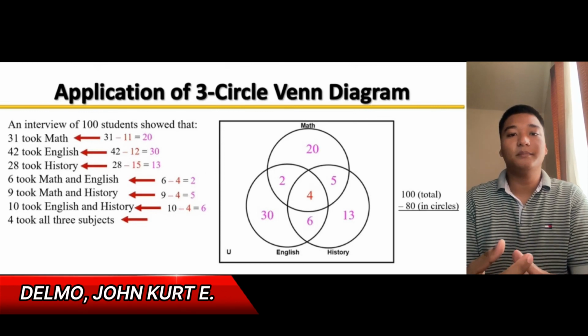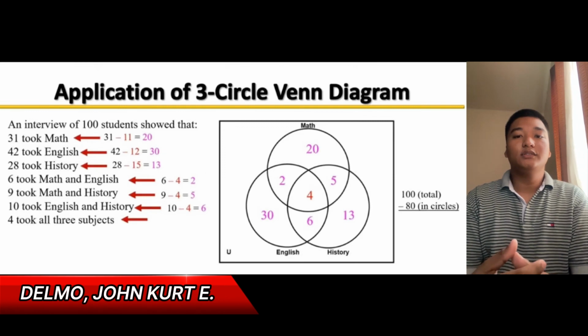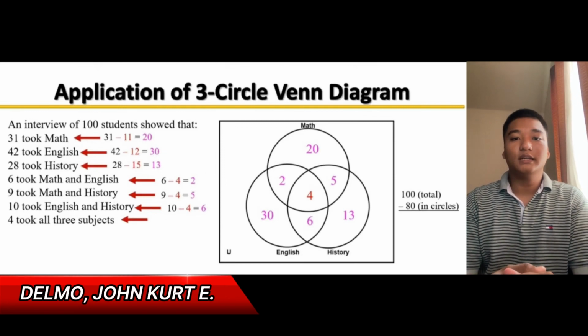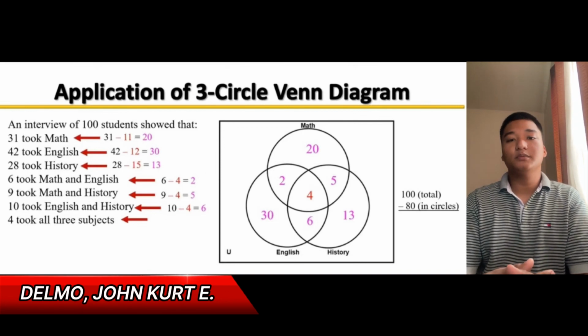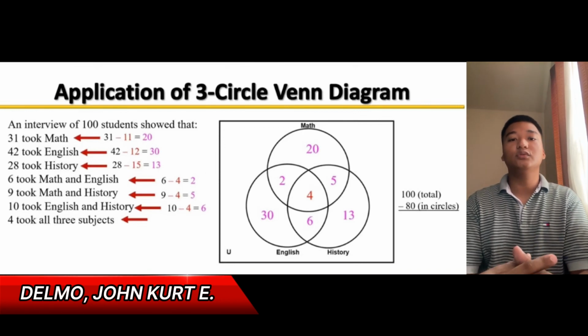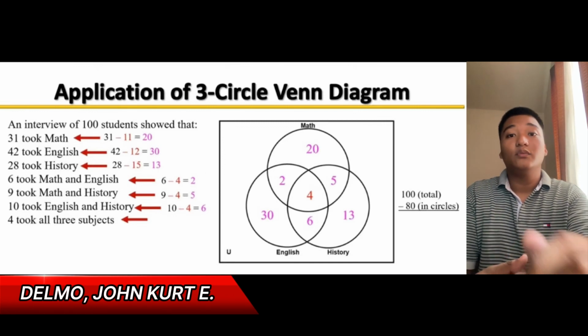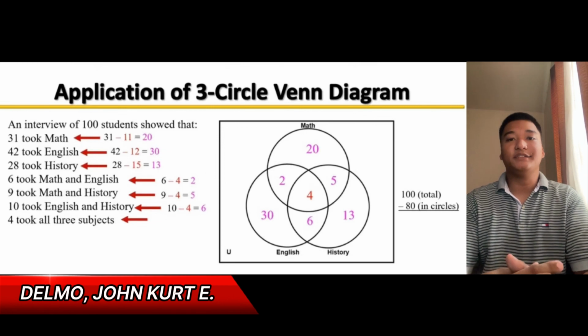So we'll start with math and English. 6 students took math and English, so we have to subtract the 4 already in the circle, and 6 minus 4 gives us 2. So 2 students took math and English. Next, math and history.